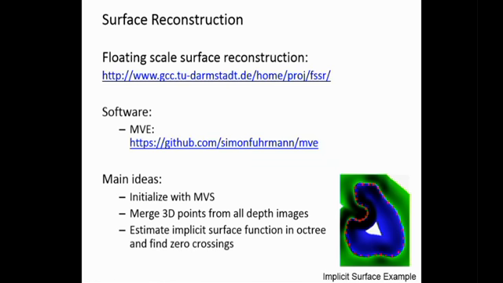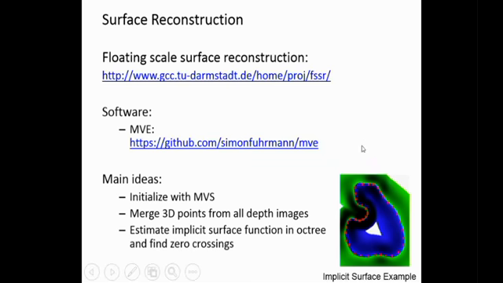So in 3D, for efficiency's sake, you create an octree, which is a representation where you have big blocks in areas where you don't have a lot of points, and little blocks in areas where you've got lots of points, so that you have an efficient representation of large spaces. You fill up this octree with your points, and then you compute this implicit surface function over the smaller cells of the octree.